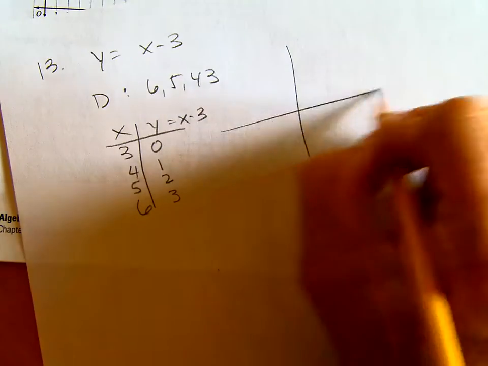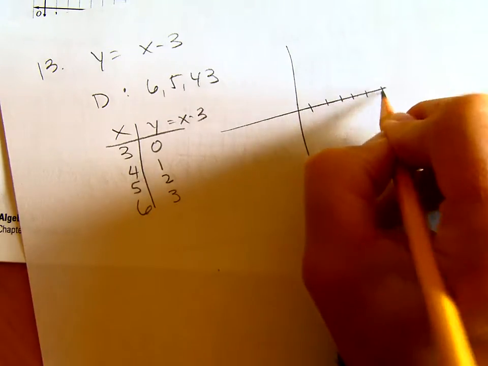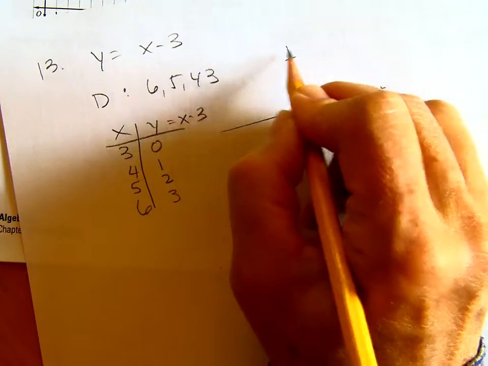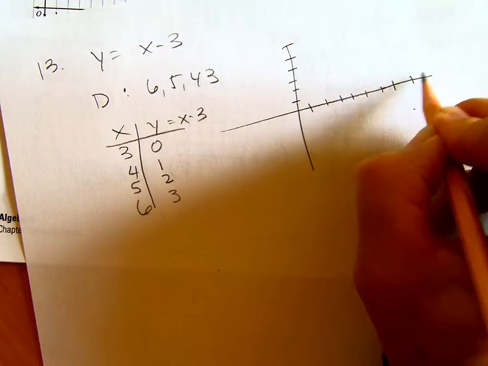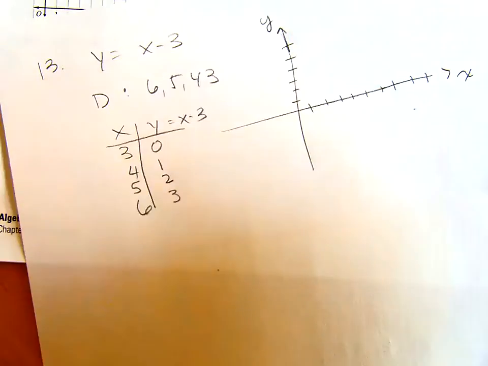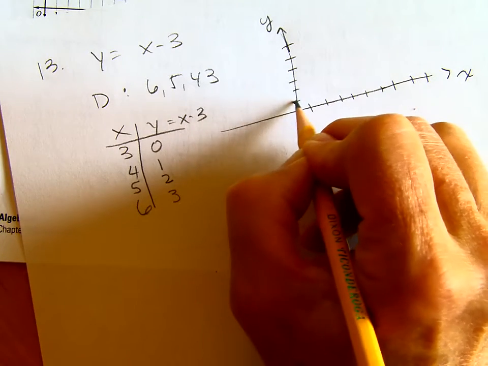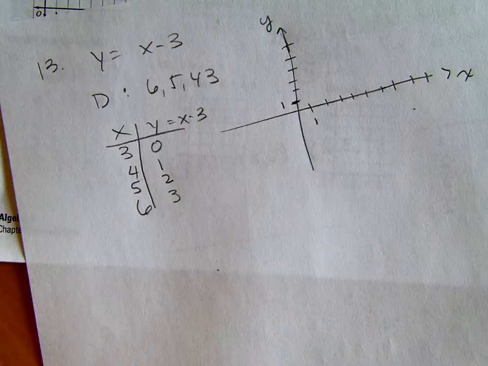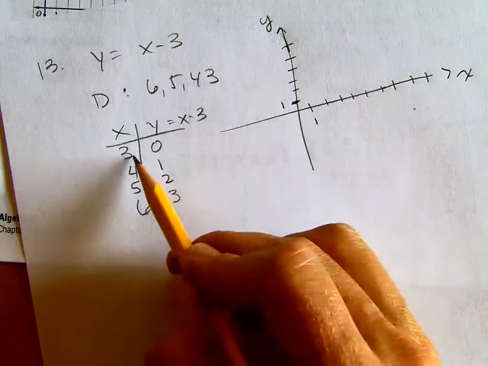I'm going to sketch. You guys should do a little better job of this. This is my x, and this is my y's, and you should indicate what your units are.